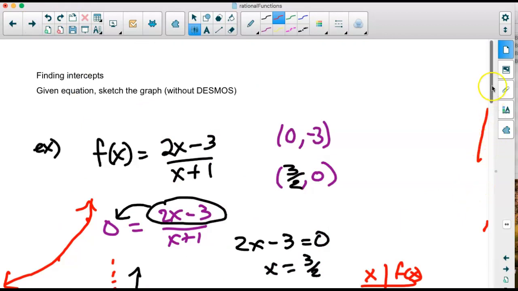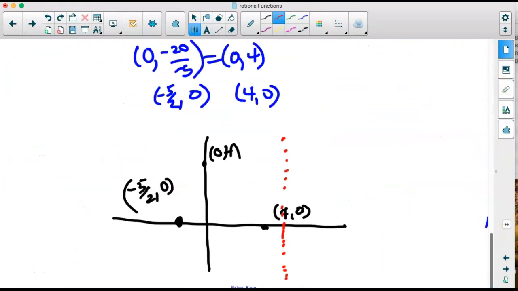Okay, so an oblique asymptote at y equals 2x plus 7. So up here at 7, it'll cross, and it'll have a slope of 2. So it's going to look like this.